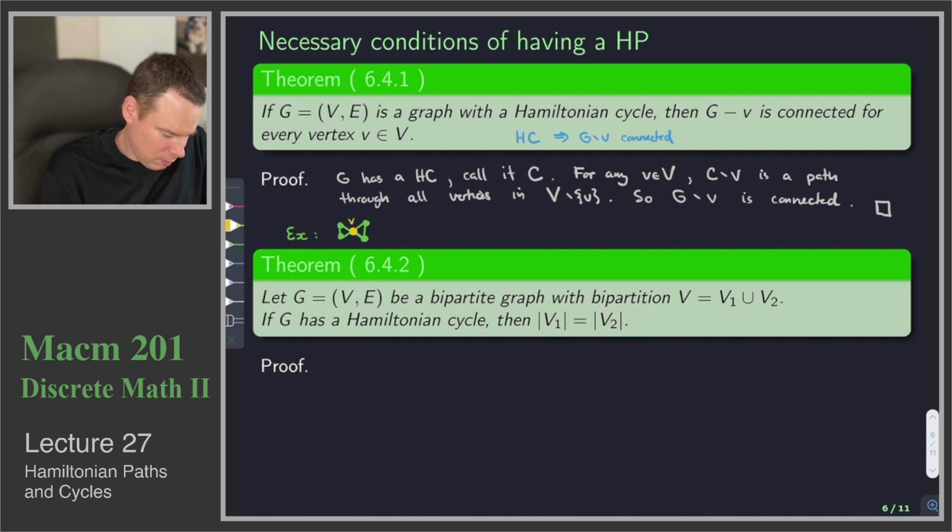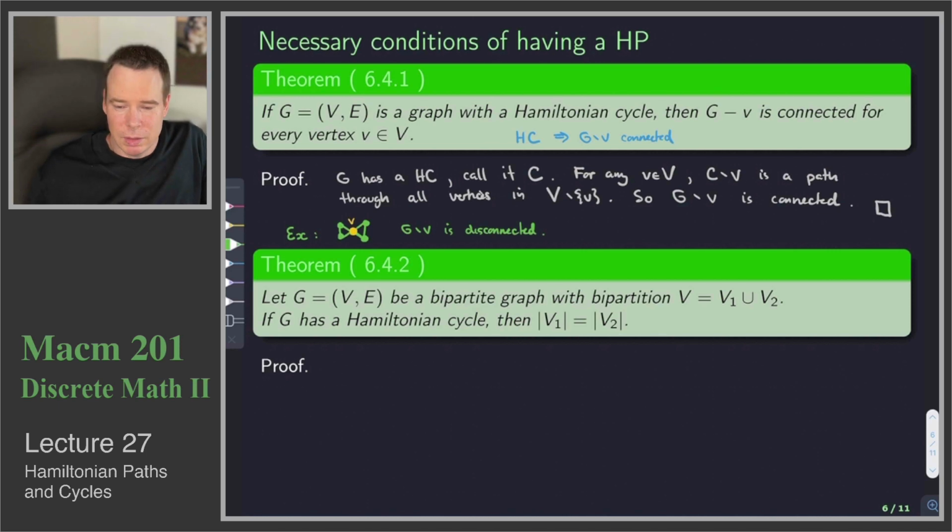I'll call it V. Well, G take away V is disconnected, because I remove that middle vertex, I basically get just two vertices on one side with an edge connecting them, and then the two vertices on the other side with the edge connecting them. So if I remove V, I get a disconnected graph.